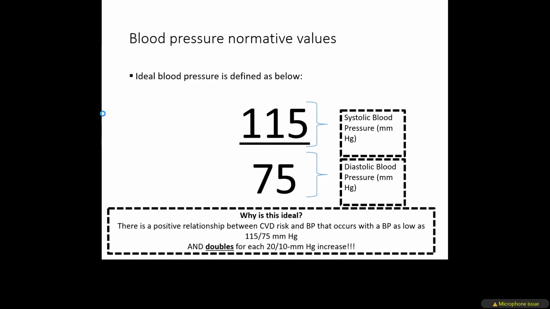One's cardiovascular risk will actually double for every increase in systolic blood pressure of 20 millimeters of mercury, as well as an increase of diastolic blood pressure by 10 millimeters of mercury, such that an individual with a blood pressure of 135/85 would have double the cardiovascular risk relative to an individual with this ideal blood pressure.